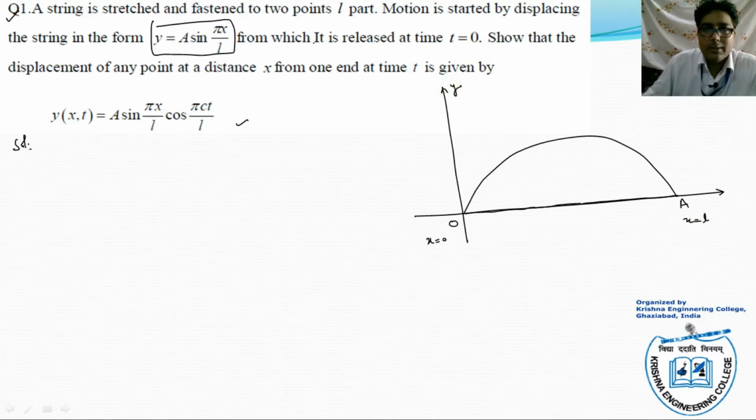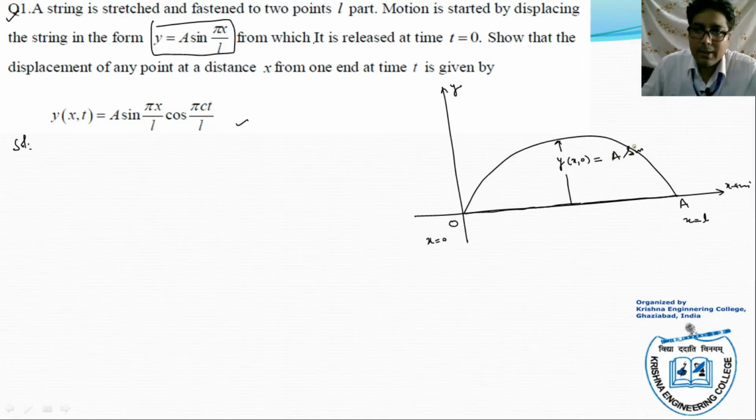This is the y-axis, x-axis, and initial displacement is given here. This is y x comma 0 is given here a sine pi x by L. Clear?